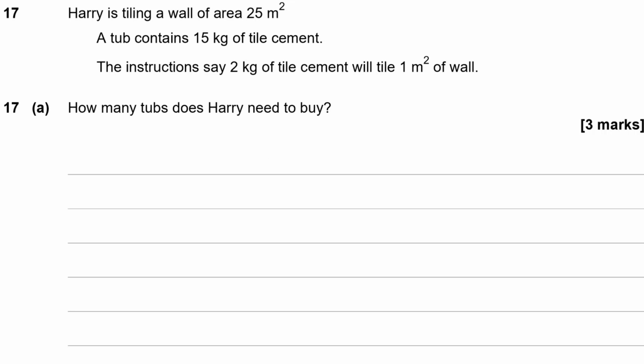We can say that the amount of cement to the amount of wall is the ratio from here. Look, 2 kilograms will tile 1 square meter. So I can say that 2 kg of cement tiles 1 square meter of wall. Now we want to wall an area of 25 square meters.